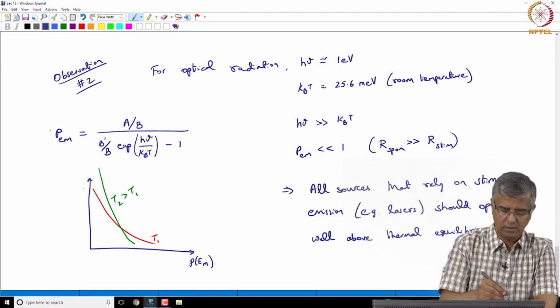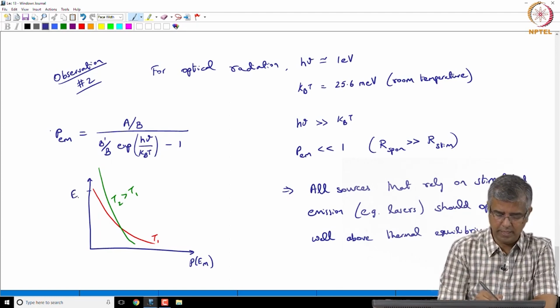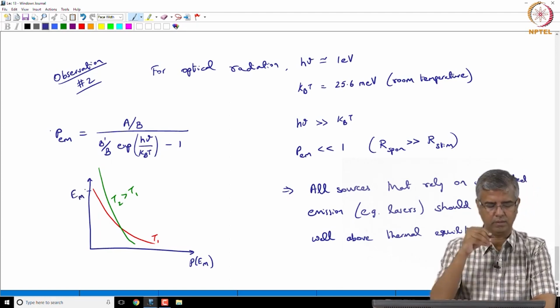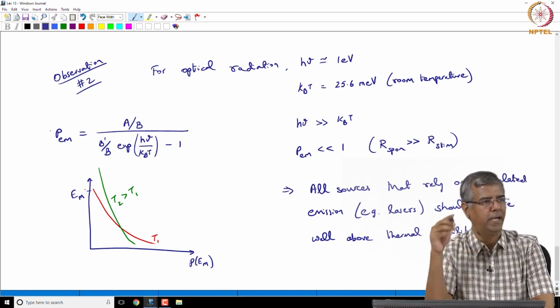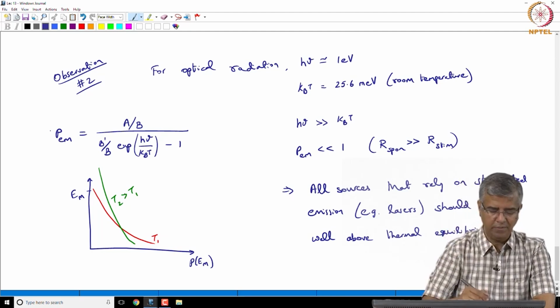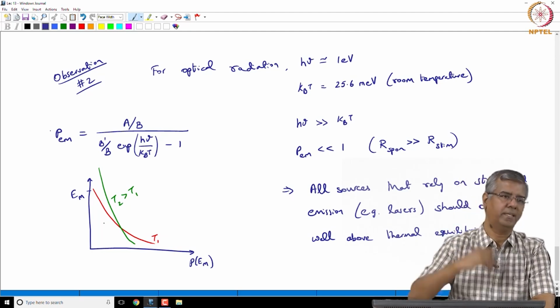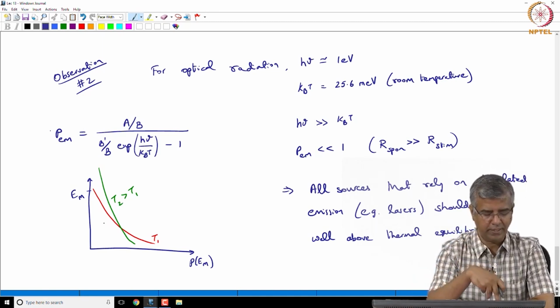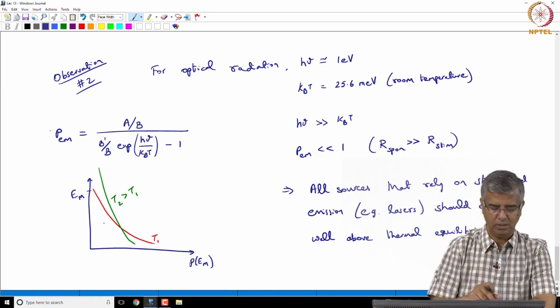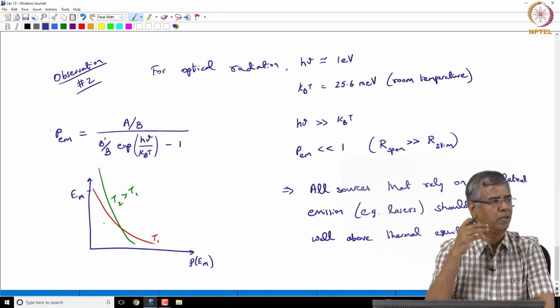Nevertheless, if you are looking at the probability of finding an atom at a higher energy level, even at T2 or even as you increase the temperature, you will find that probability is always lesser compared to finding something at a lower energy level, right.